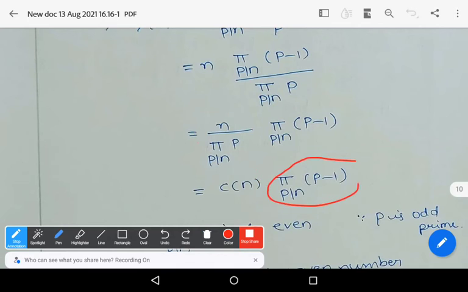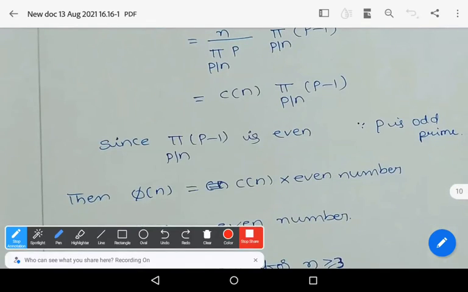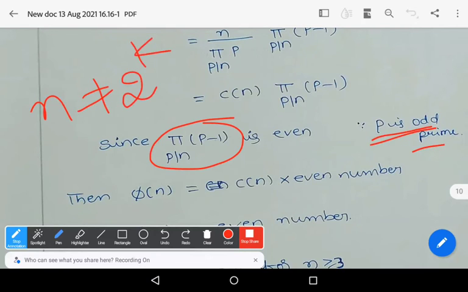You observe that the product over p dividing n of (p minus 1) is always an even number because p is an odd prime. We assume that n is not equal to 2 power k. It means n has an odd prime factor. If p is an odd prime number, then p minus 1 is even.